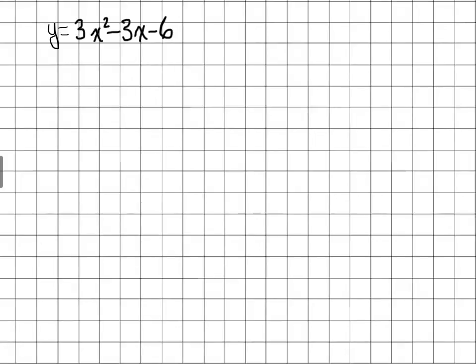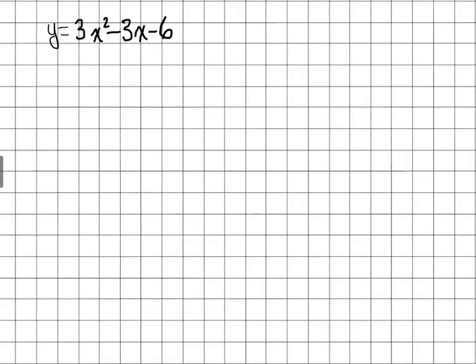So here I have another example, 3x squared minus 3x minus 6. And one thing that we haven't seen yet is this idea of checking for common factors before we even start the factoring process. It's something that we should always be doing, making sure that if we do have a common factor, we factor that out.